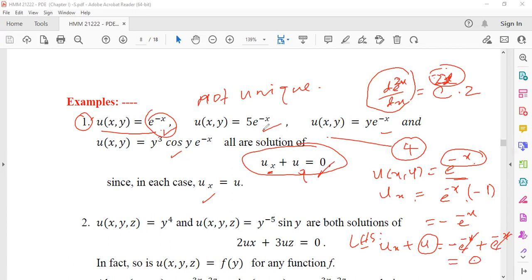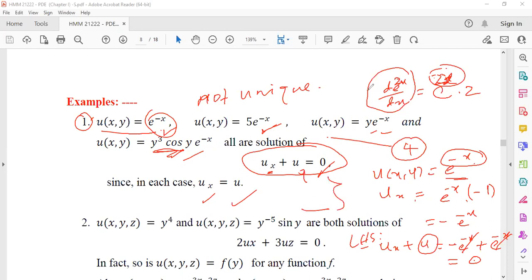Similarly, you can check the others. We only have u_x now, nothing about y. So you just check yourself; keep a space in your notebook and check as homework.